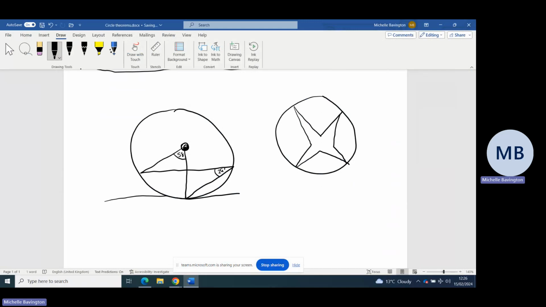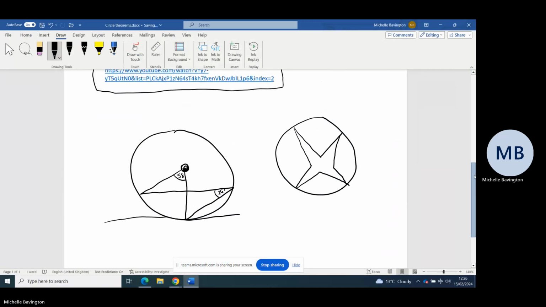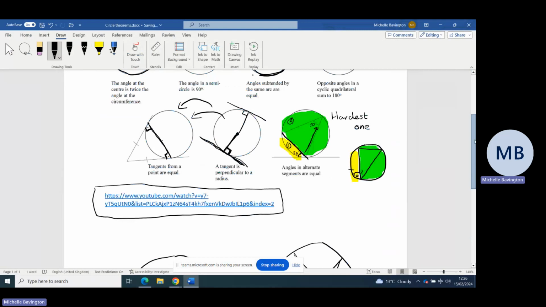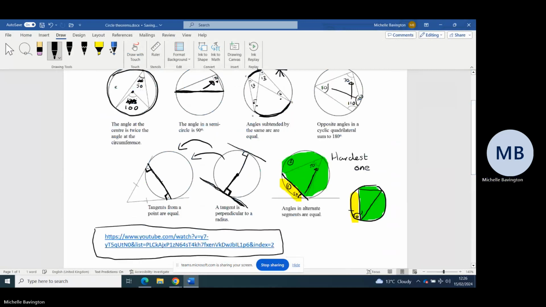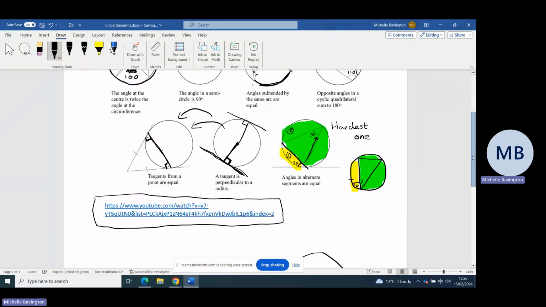You're kind of getting the gist, right? This shape here is the same shape because it's not touching the arcs, right?